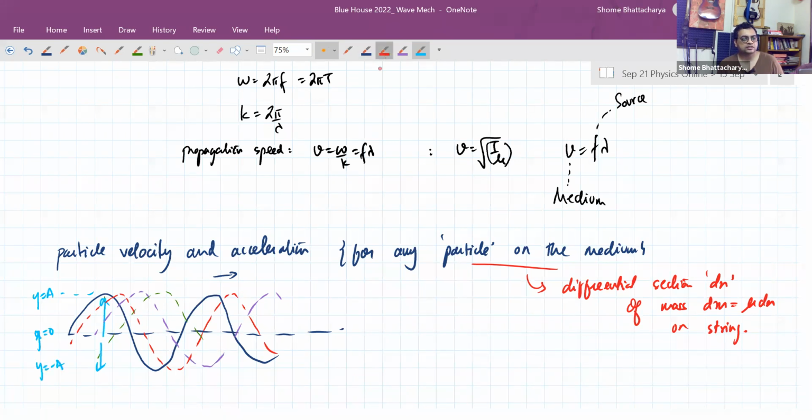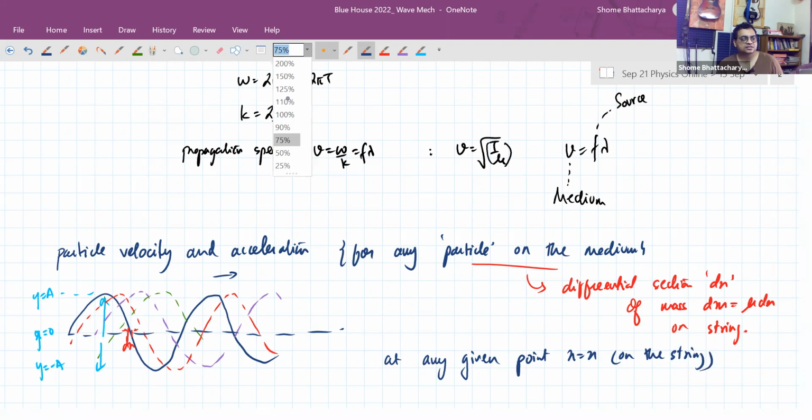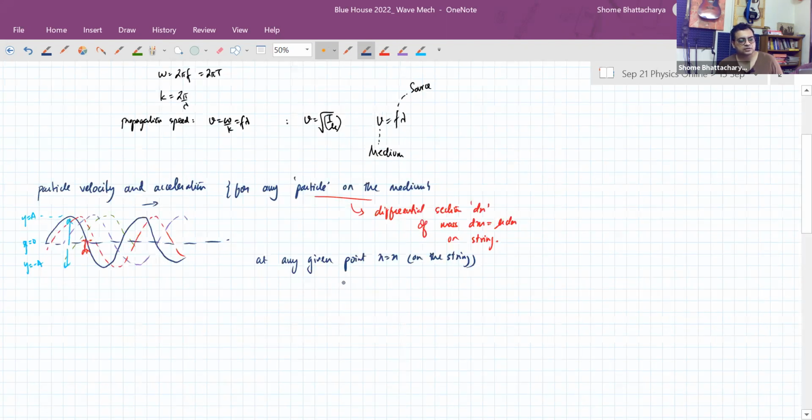So we take any section of the string which is of length dx like this. At any given point x equal to x on the string, its instantaneous displacement at time t is given by this equation.